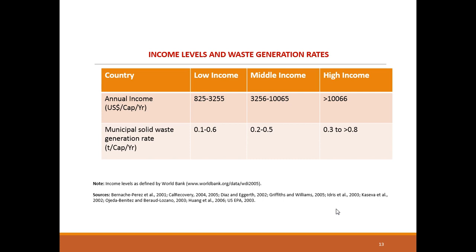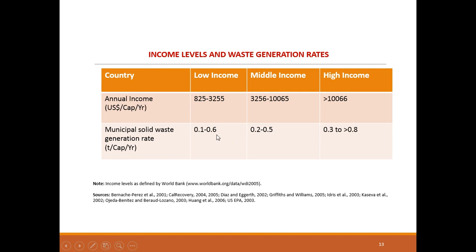Alright, this table here just serves to further emphasize that point we have been making. So here we have a table that shows 3 income levels: low, medium, and high. And I really want you to look at the income levels related to the tons per capita per year. Alright, so that's the amount of solid waste generated.